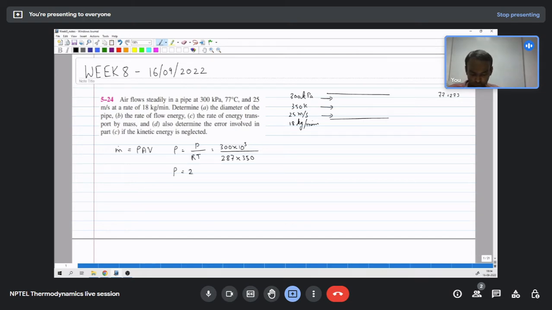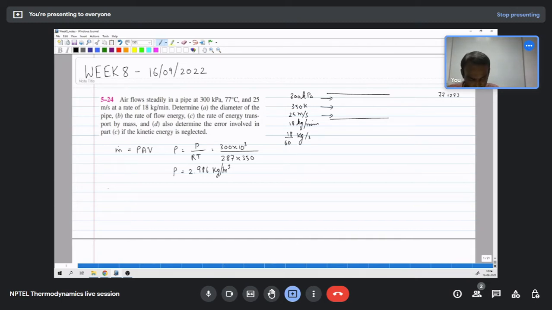So rho is 2.986 kg per meter cube. In this equation, m dot equal to rho AV, we have m dot given as 18 kilogram per minute, so it is 18 by 60 kilogram per second.